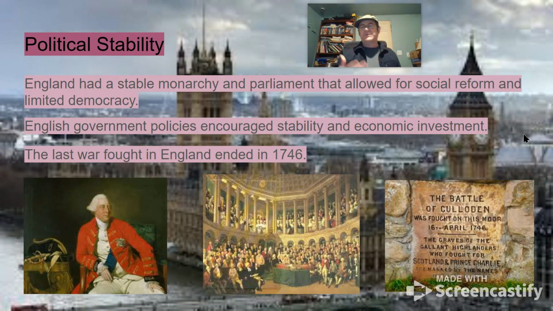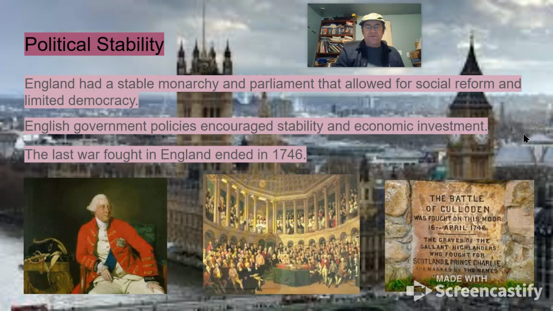So some people could be involved in the government, and there were movements for social reform, enough to prevent political upheavals or revolutions. The last war in England had been fought in 1746, so even though England did fight in foreign wars, there weren't wars constantly raging across the English countryside. So there wasn't the fear that your factory would get burnt down by an invading army, for example.